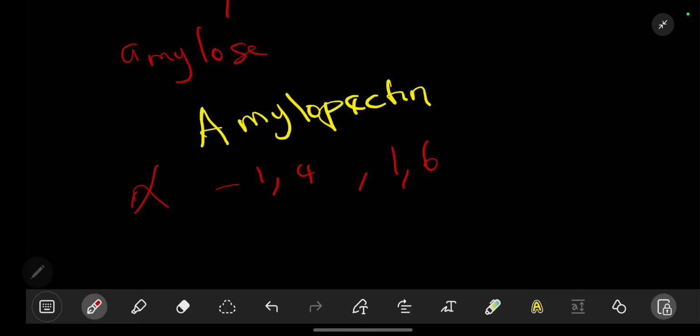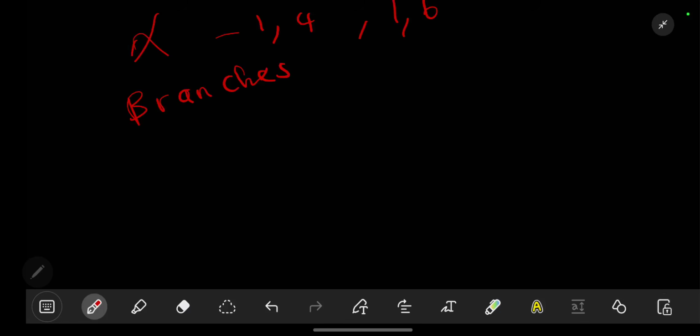In this type of structure, there are what we are going to call branches. So the amylopectin will branch, and we are going to have this type of structure. Remember, we are just dealing with alpha for now, then we are going to go to our beta.